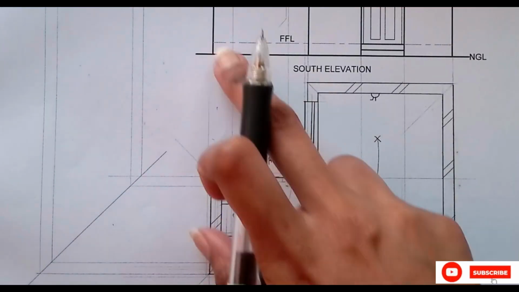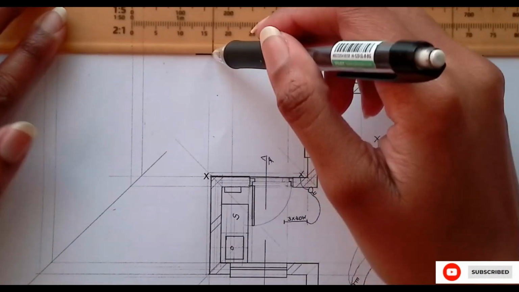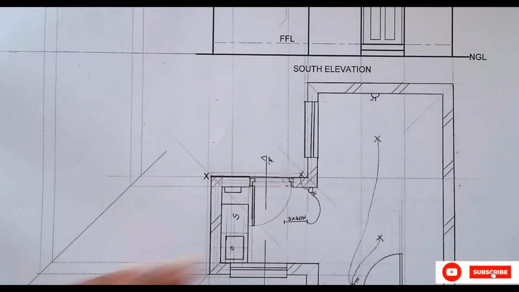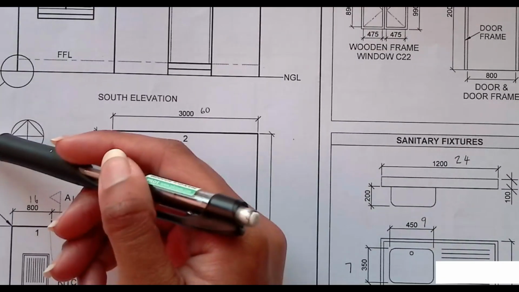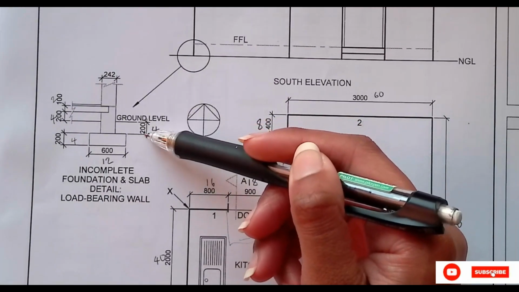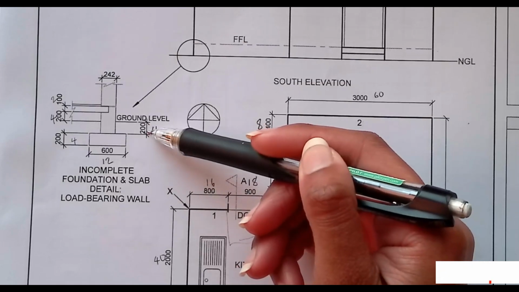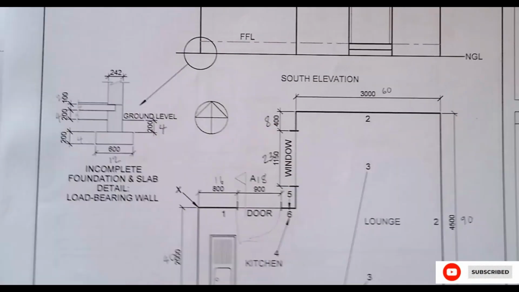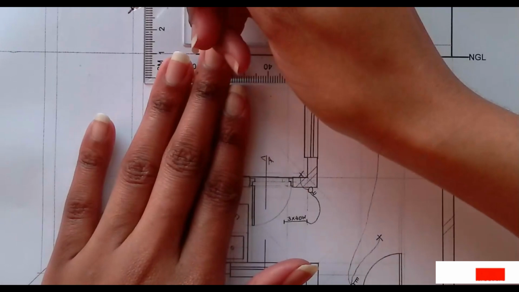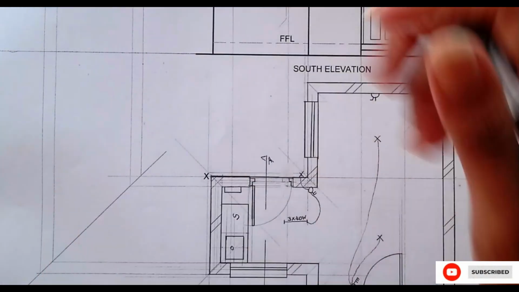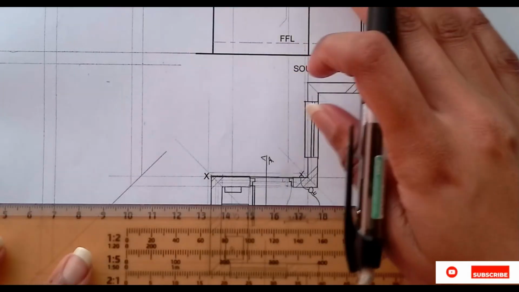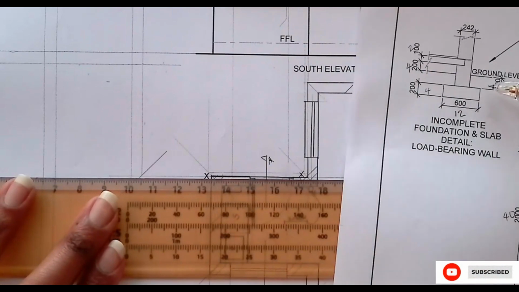So this is your NGL. You can project it. That is your NGL. And you can see that from the NGL, in order to start the concrete, it's 4 millimeters. So we're going to do that. Measure 4 down from the NGL. Project it there, and then our concrete starts there, which is 4 by 12.